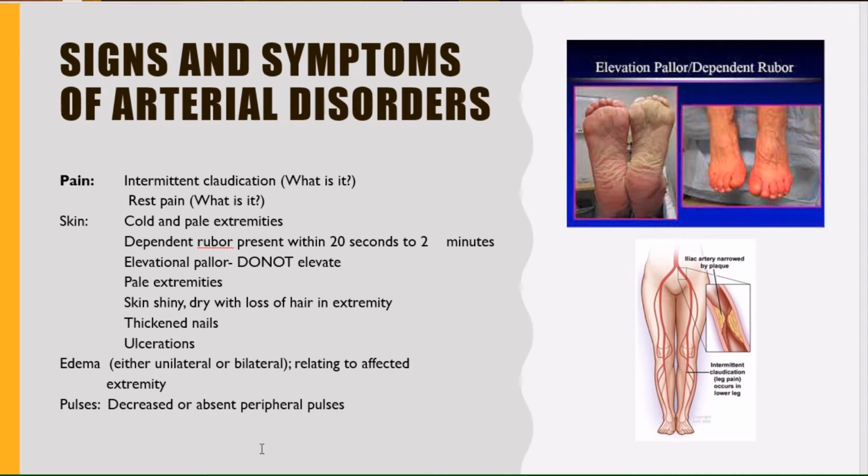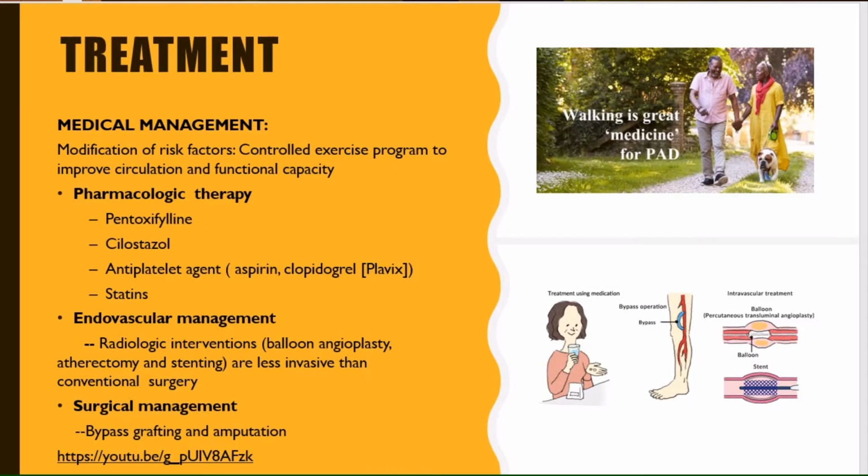Just think about our case study, how this patient really had so many of these risk factors and signs and symptoms. Now we're going to look at the treatment. Treatment can be divided into different ways we can treat the patient.